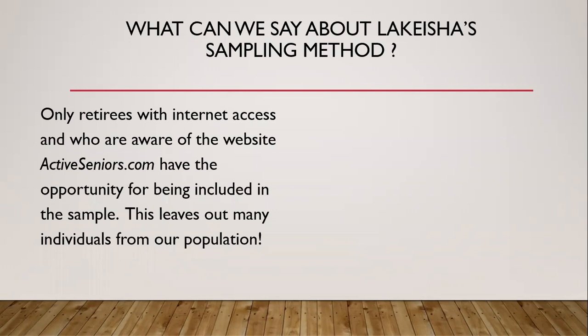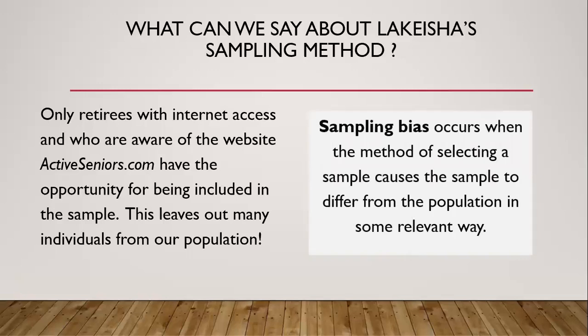That means that any retiree who doesn't have internet access or is unaware of the website is simply going to be left out and will not be able to participate as part of the sample. Because of that, we say that Lakeisha's method suffers from what we call sampling bias.